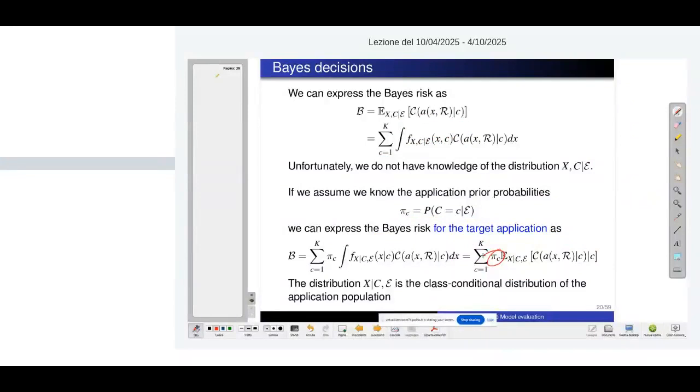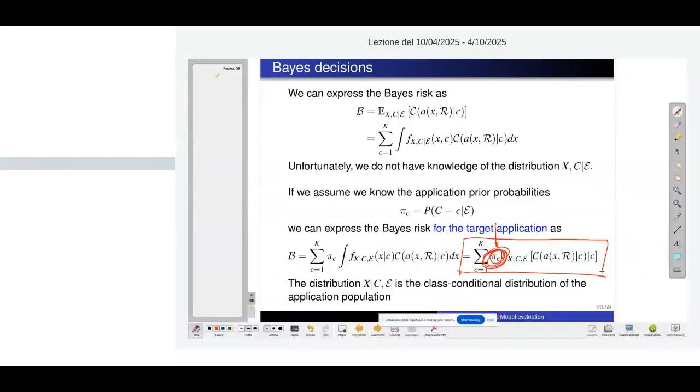We need our estimate for the application prior to be as close as possible to the real application prior, but that's a different problem. Here we assume that we are given a target application, so we know the application prior, because if we don't, we can measure for a given application what would be the cost, but if we don't know what our application is, that's another problem.